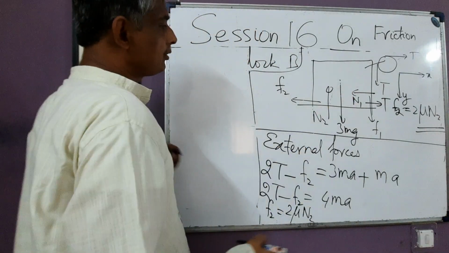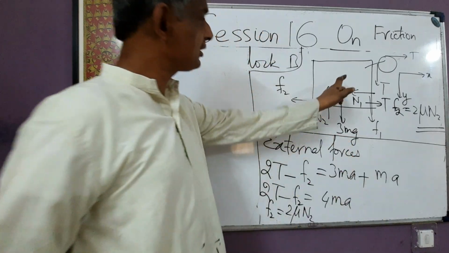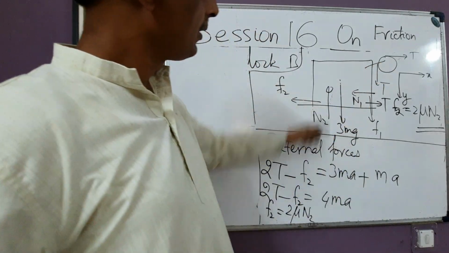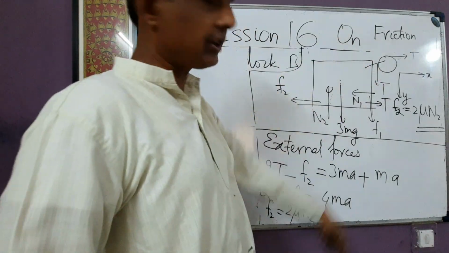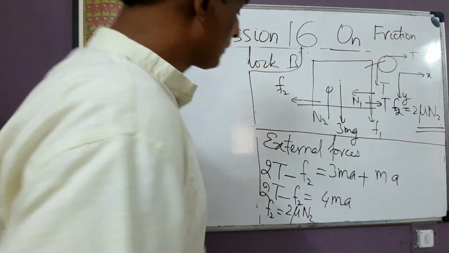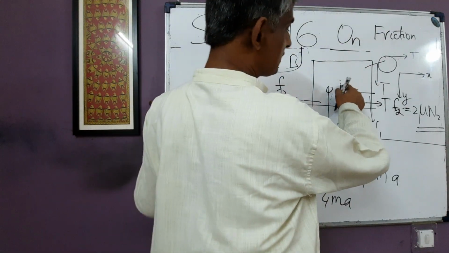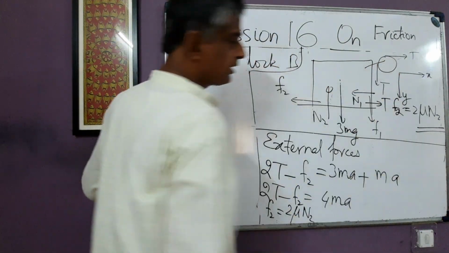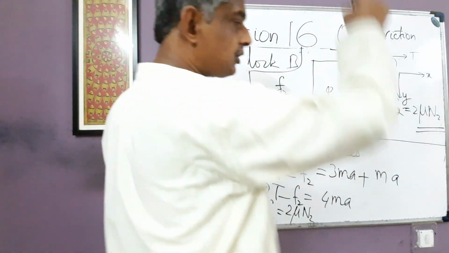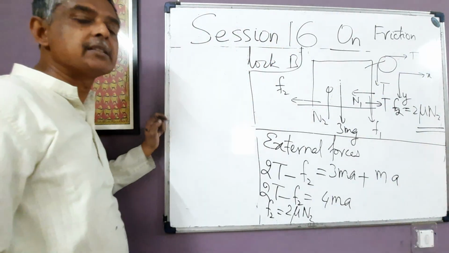So now the free body of this wedge plus pulley has been drawn here. In the vertical direction, its acceleration with respect to ground is 0. So the net vertical force on this wedge plus pulley P3 is 0. Total upward force is equal to total downward force. The forces balance each other.